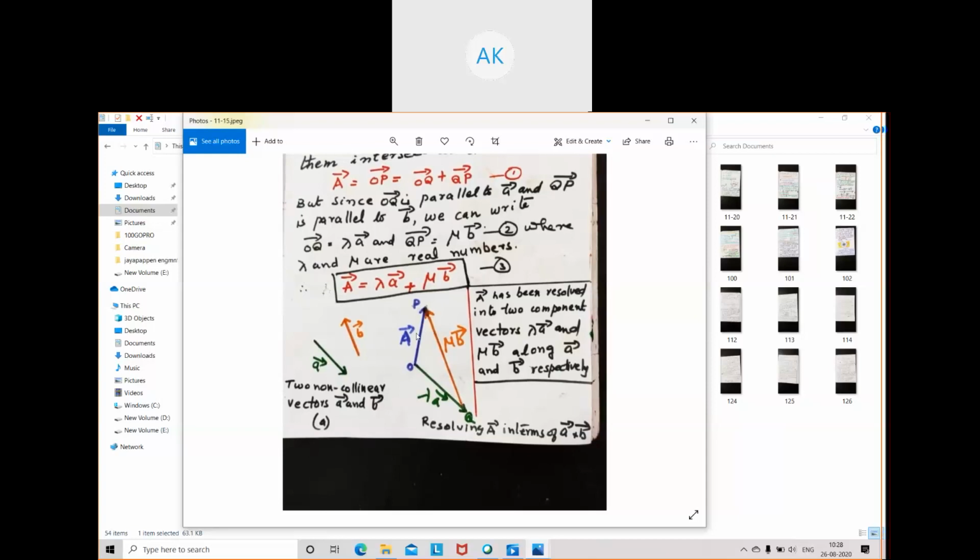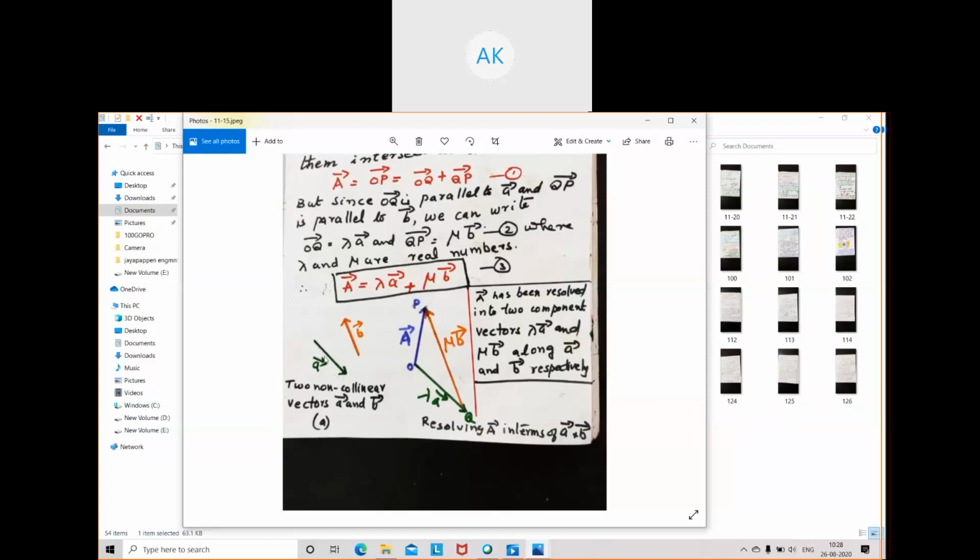Then what is to be done? Next step, from O you draw a line parallel to A. No need to measure direction, no need to measure the magnitude. If suppose this is 3 centimeter, you just don't mind that.